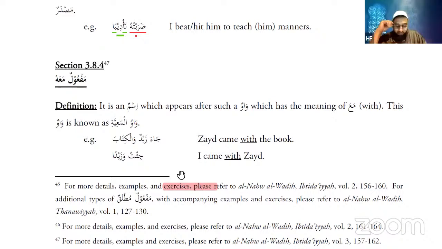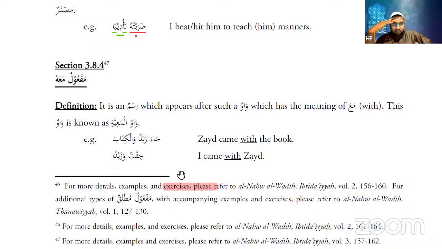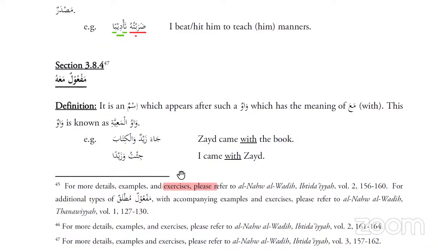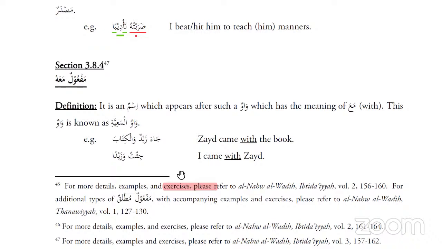Different from waw al-hal and other waws, right? Yeah, that's right. So example being ja'a Zaydun wal kitaba. Zayd came with the book. With the book. Exactly. Ji'tu wa Zaydan. I came with Zayd.